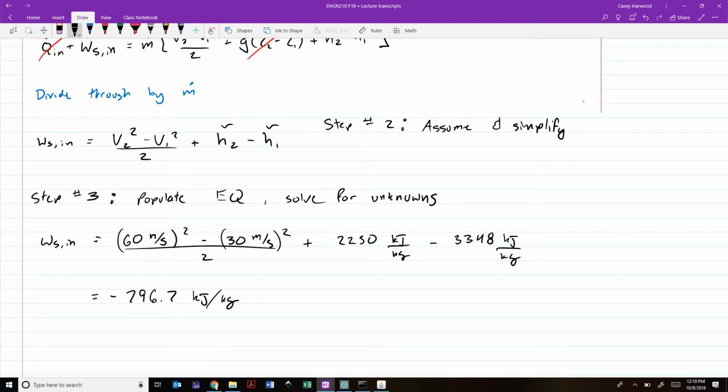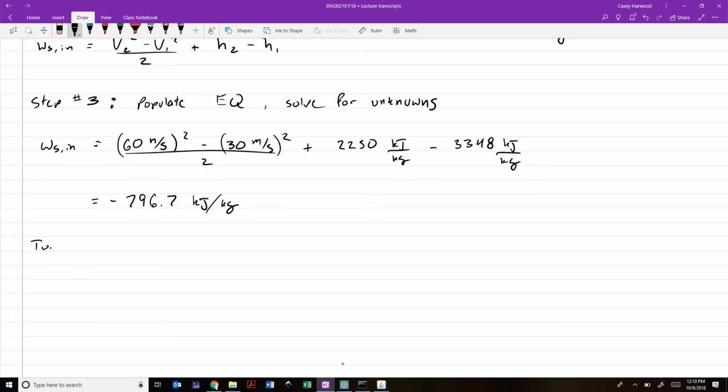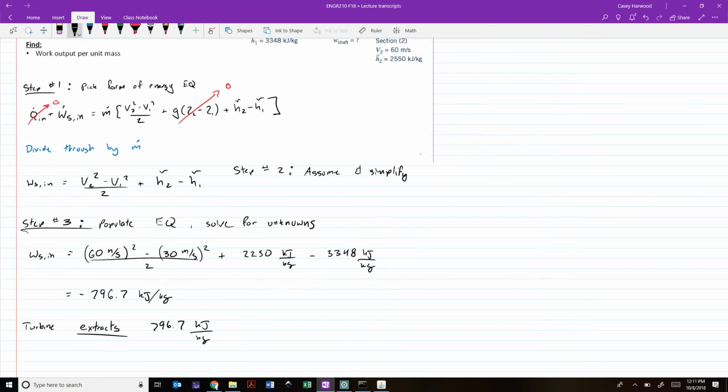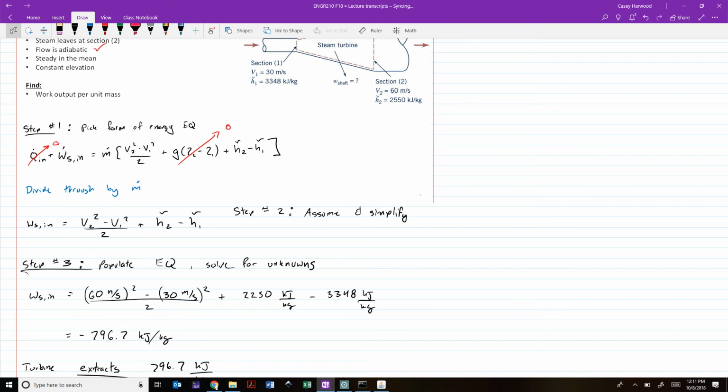So we could say here that the turbine extracts 796.7 kilojoules per kilogram of steam that flows through it. Okay. Now this one's a little bit unusual in comparison to the equations and cases we've been looking at, because like I said, this is a compressible flow.